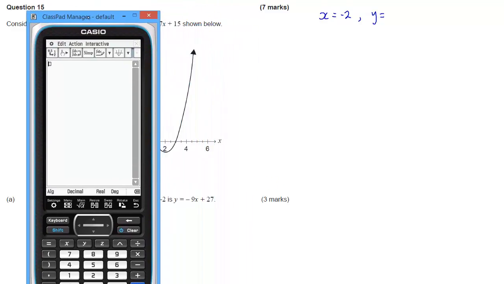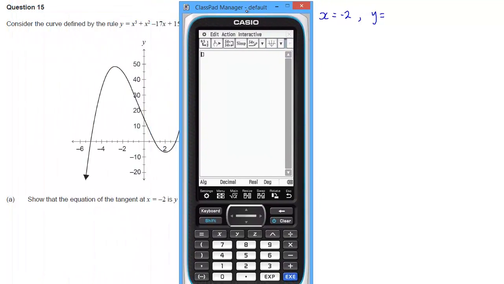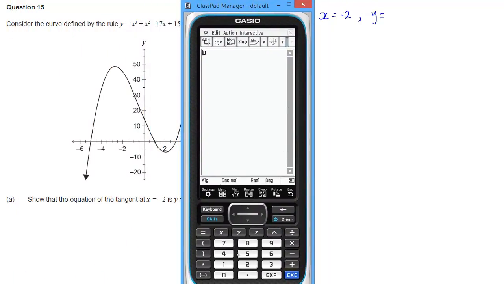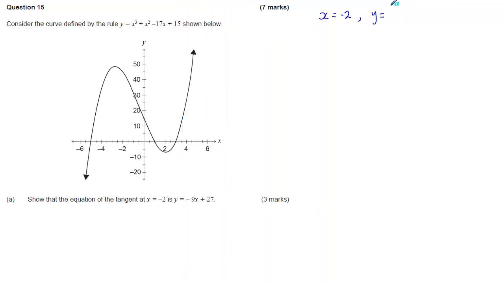So our function is x cubed, so that's going to be negative 2 cubed plus x squared, so negative 2 squared, take away 17 multiplied by negative 2, add 15, so that gives us 45.